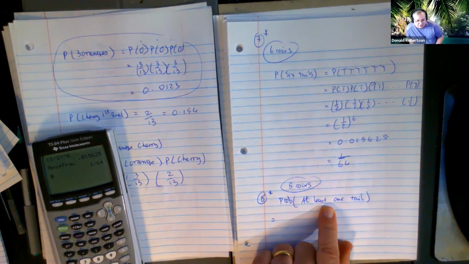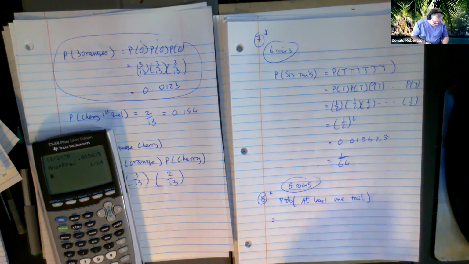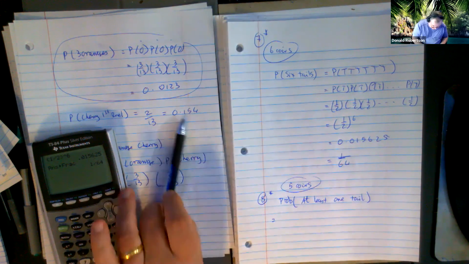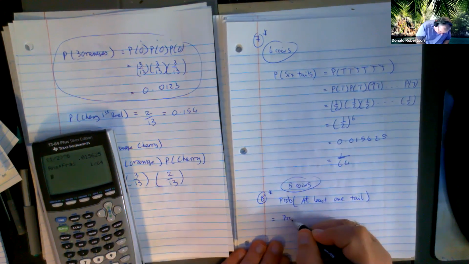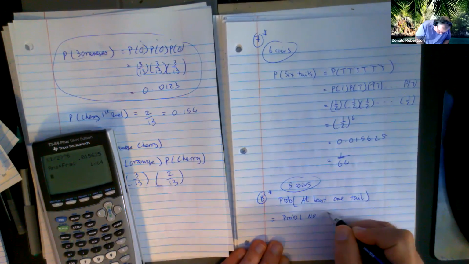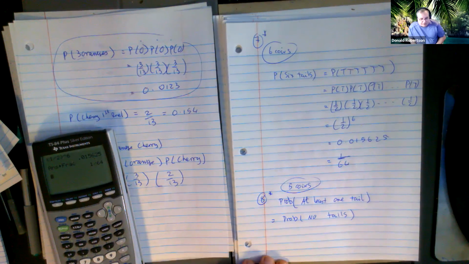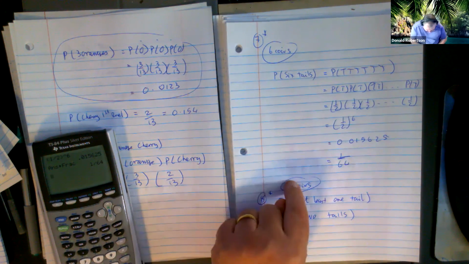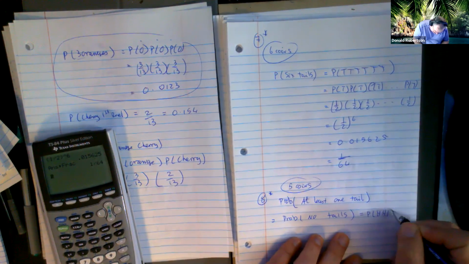And I said, look, in these kinds of situations, it's sometimes easier to find the opposite of the event, the complement. Now, the complement of at least 1 tail is none of them are tails. That should be easier to do, because if you have 5 coins and none of them are tails, isn't that another way of just saying they were all heads?